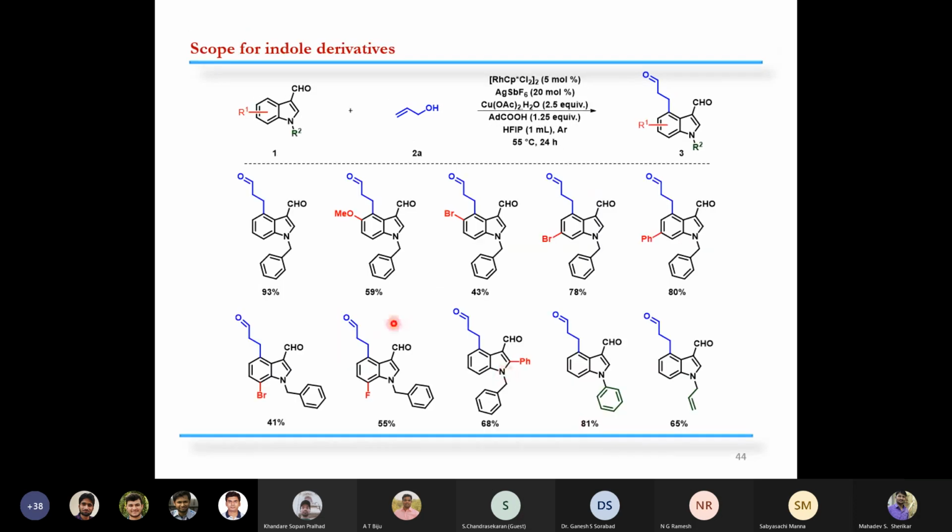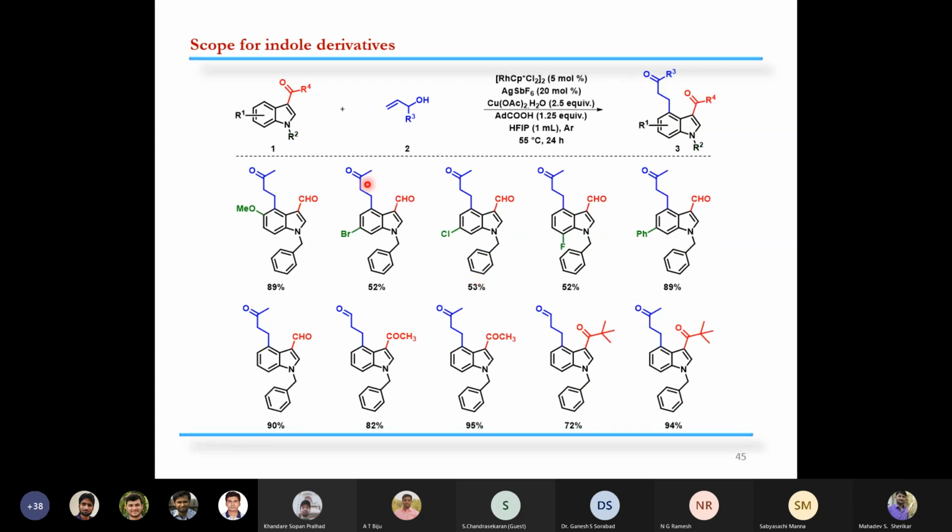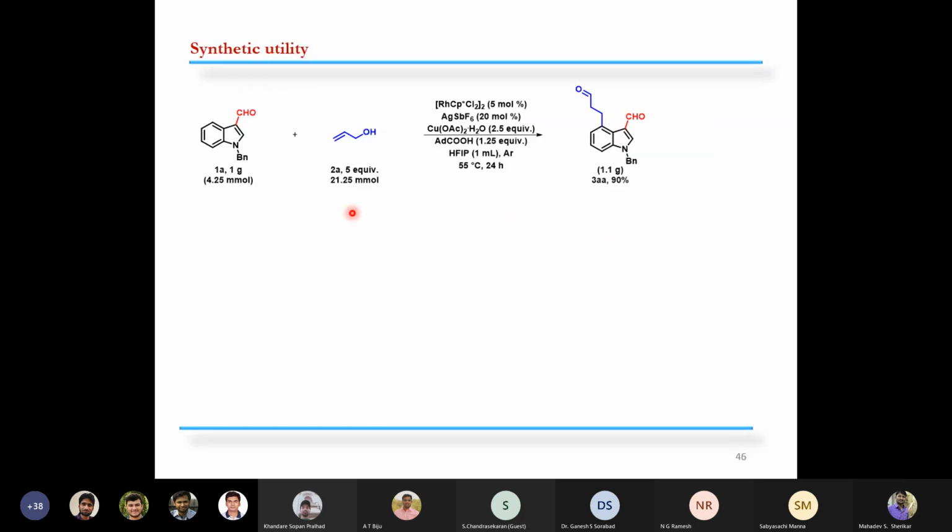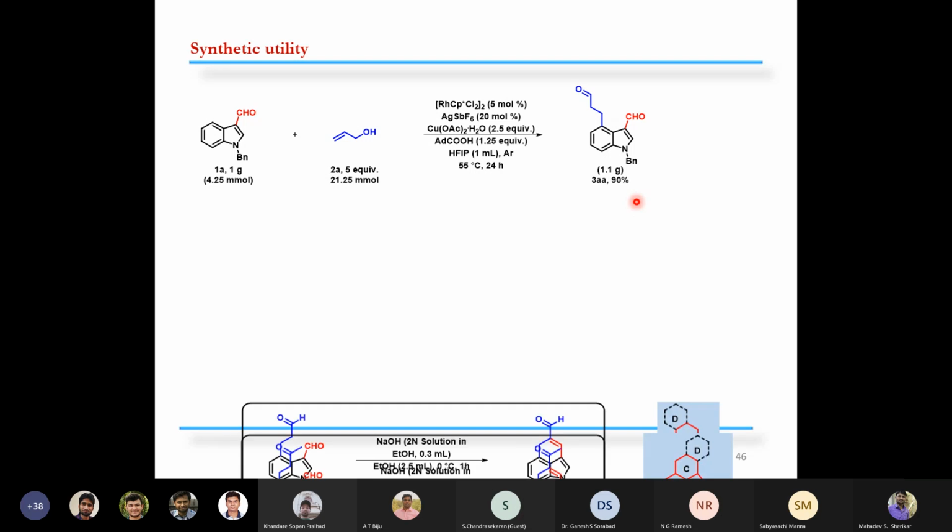After optimization, we have shown the substrate scope. Different indole derivatives are incorporated under CH activation conditions, and the yield was moderate to excellent. Not only aldehyde as a directing group, the acetyl as well as pivaloyl group also work as directing groups, and the yield was excellent in both cases. For synthetic utility, we have done this reaction at 1 gram scale, and we got 90% of the C4 alkylated product.